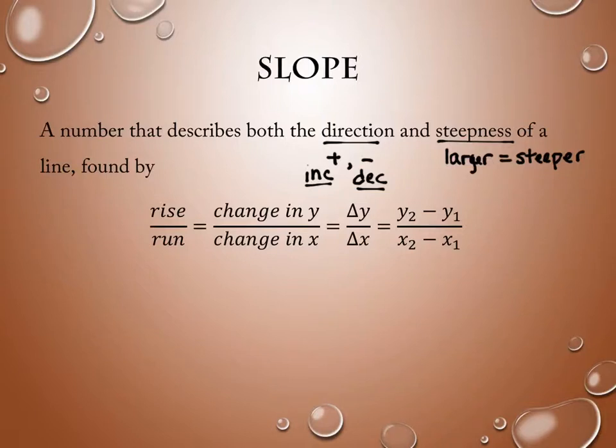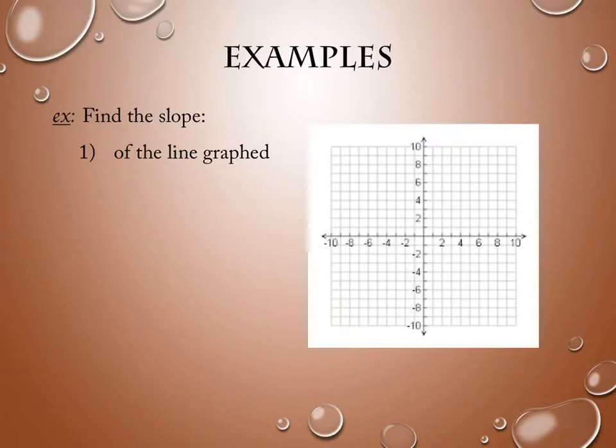Okay, we're good? All right, so we're going to do some examples, and they come at us from some different perspectives. The first one is the slope of a line, and it says of the line graphed, and I'm going to actually draw it on here for us. It will be given to you in your homework. It has a couple of locations noted on your graph.